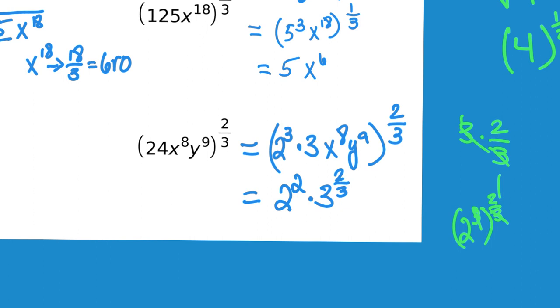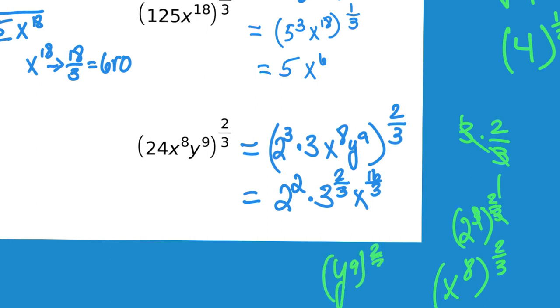Okay. Then we got x to the 8 raised to the 2/3. Can you do any reducing or anything there? So it's just going to be what? 16 over 3. And then we got y to the 9th raised to the 2/3.